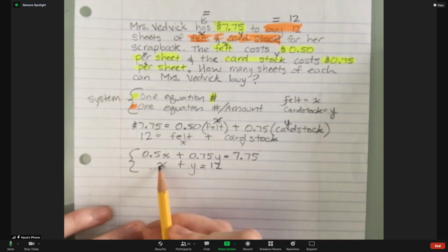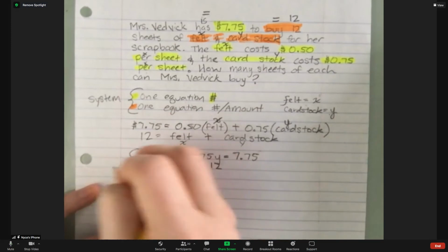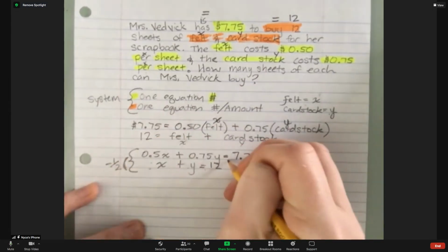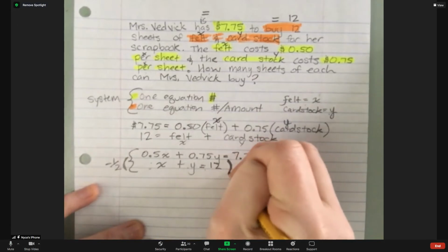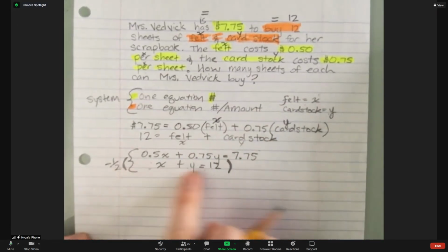If I look at x, this means 1. How do you get 1 to 0.5? You divide by 2, right? Which is the same as times -1/2. So to get my elimination, I am going to multiply everything down here by -1/2.